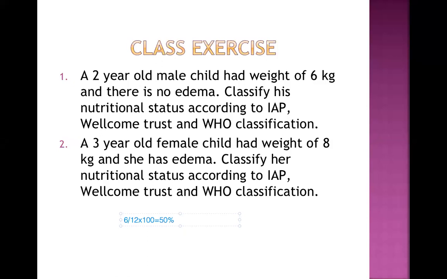And according to Wellcome Trust classification, less than 60% of expected with edema is marasmic kwashiorkor, but here there is no edema, so it is only marasmus. That is the answer you need to give. According to IAP classification, it is grade 4 malnutrition. According to Wellcome Trust, this is marasmus.